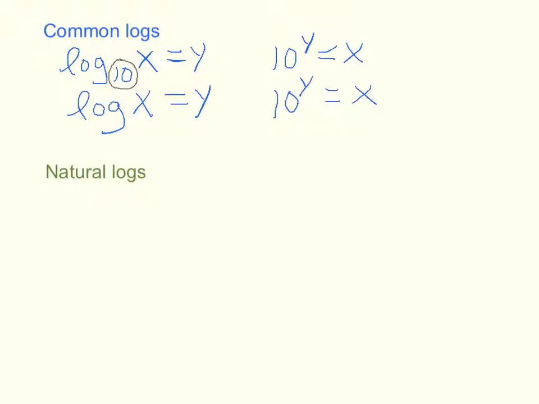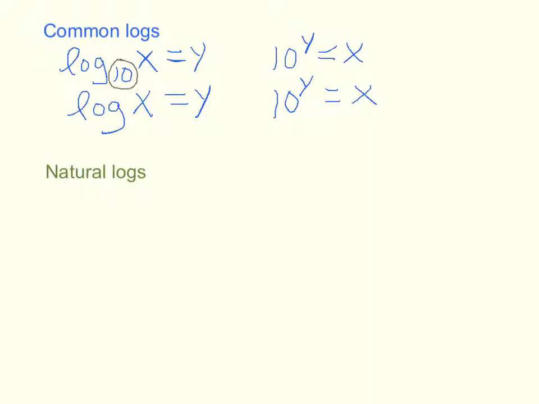So these two expressions that I've given you are the same. So this one right here, this is log base 10, but so is this one. The only thing missing is a subscript, but when you see log by itself and no subscript, then that is a common log.